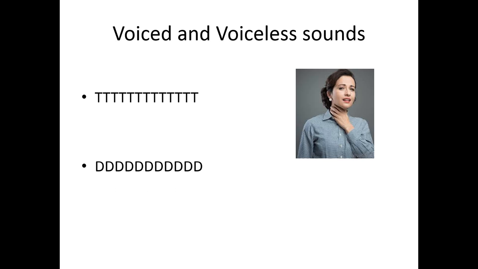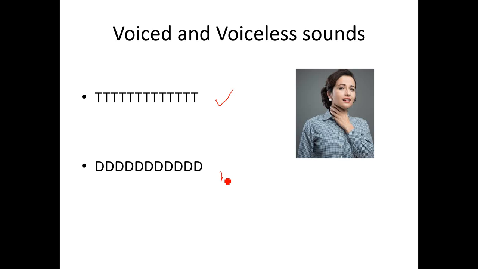Let's try a couple more sounds. First, let's look at the T sound. This is a little more difficult than the S sound because we can't make one long sound. So we'll make many short T sounds. Remember, hold your hand on your throat. T, t, t, t, t, t, t.